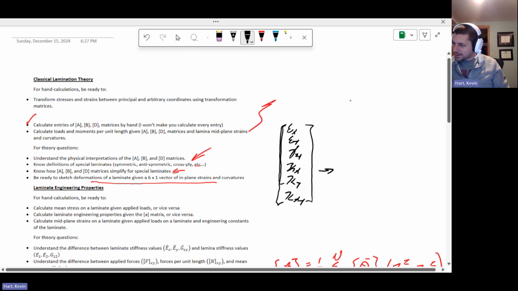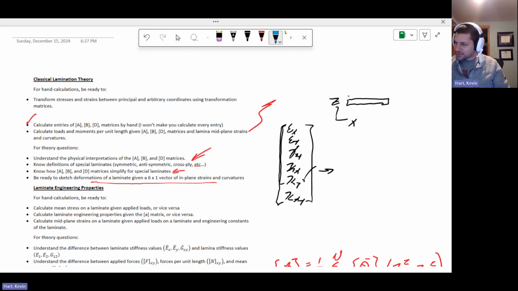So if you had a laminate that you're looking at from the side, like an XZ plane, and I told you, all right, there's some kappa Y that happens here, and I give you a specific number, how is that going to deform? Well, curvature kappa Y means I'm bending about the Y-axis, so you would see something that looks like that.